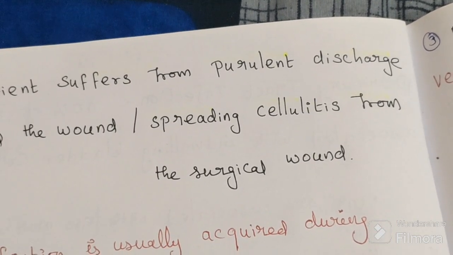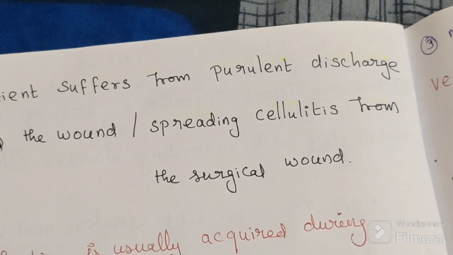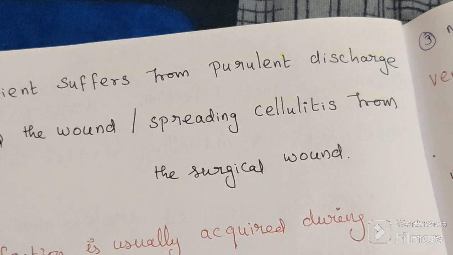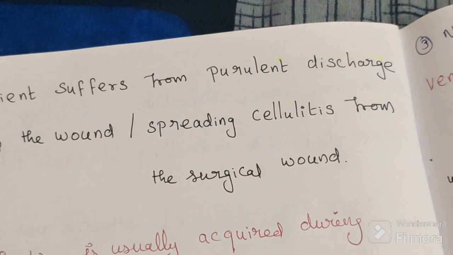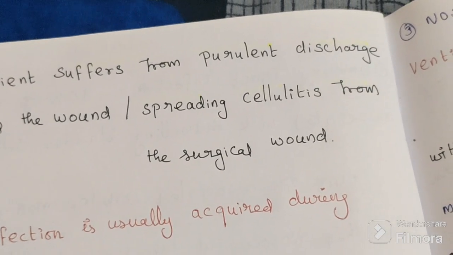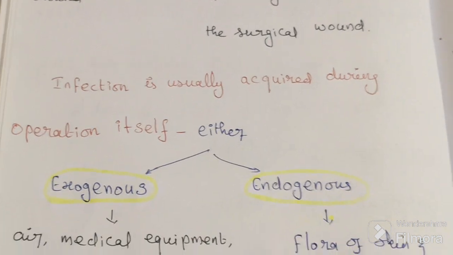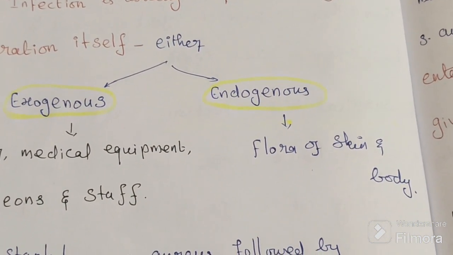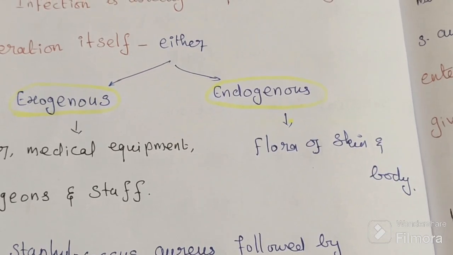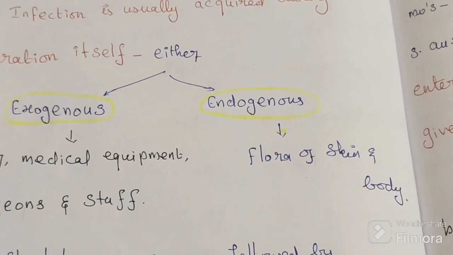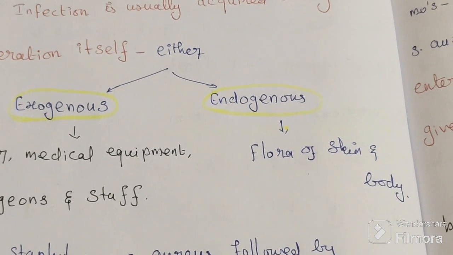The infection usually occurs during the operation itself, either exogenously from the air, medical equipment, surgeon, or other staff, or endogenously from the flora of the skin and body. The main risk factors are the time taken to do an operation and the patient's general condition.